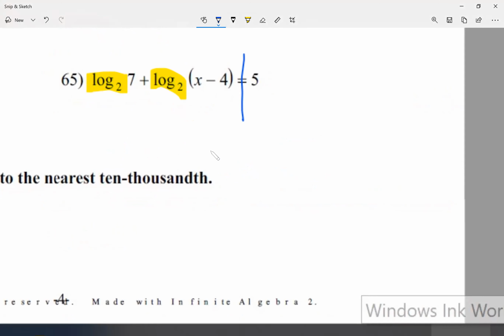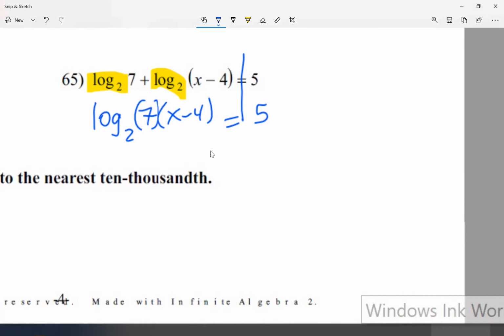Let me write this as log base 2 of 7 times x minus 4, and I know this is equal to 5. Notice I condensed it as multiplication, because it was addition of 2 logs. So I condensed it as multiplication of 1 log.